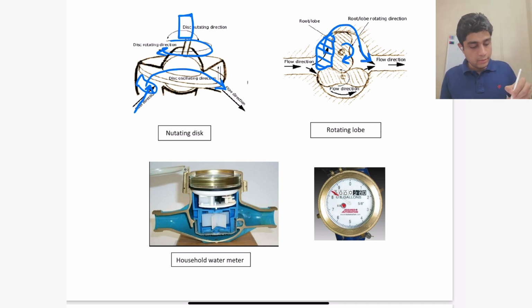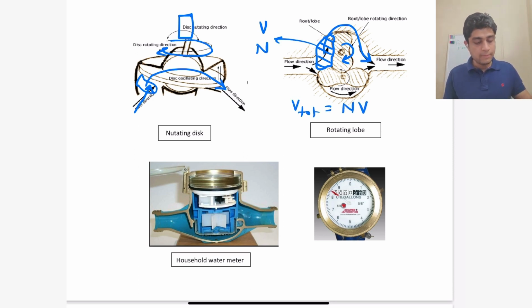So let's say again, the volume of the trapped fluid is V, and it does n number of rotations. So your total volume that passed is n times the volume of the trapped fluid. And again, the volume of the trapped fluid is designed by the manufacturers, and this information is provided when you buy the device.